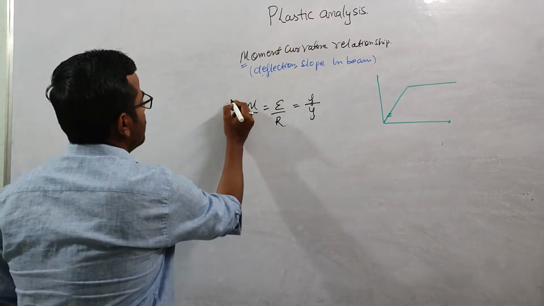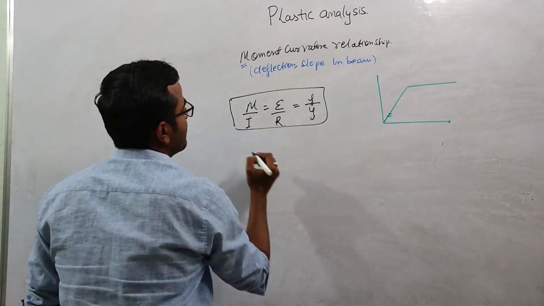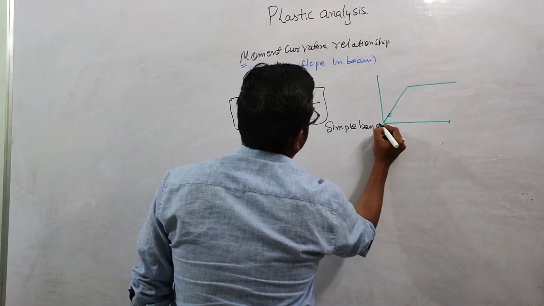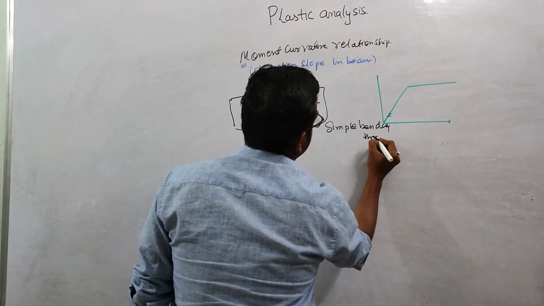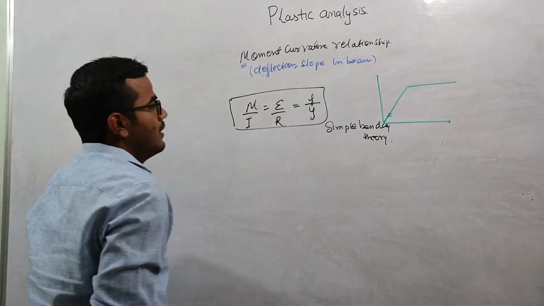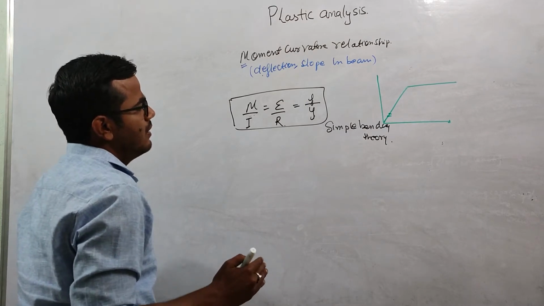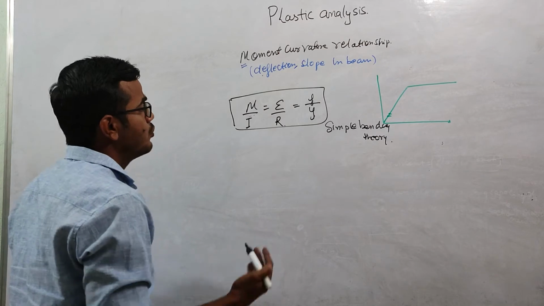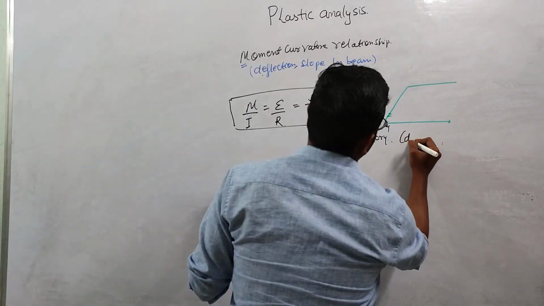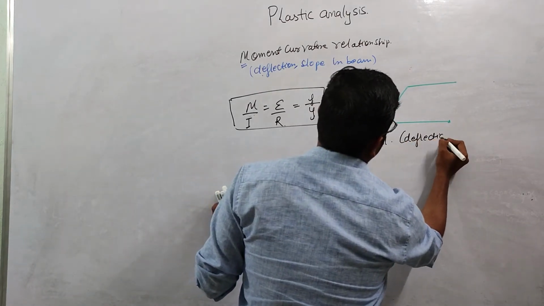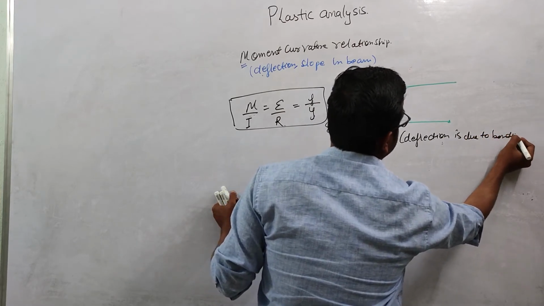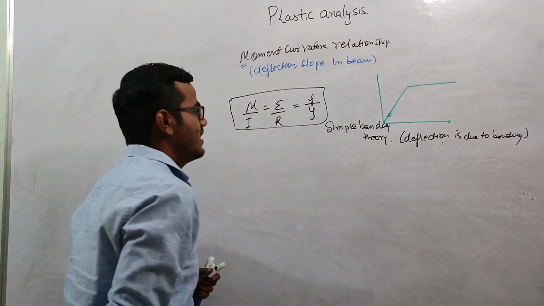So this is the relation which we studied in the simple bending theory. And in this theory we assume that the major deflection is due to bending only. We are neglecting any shear deformation and axial deformation, right?